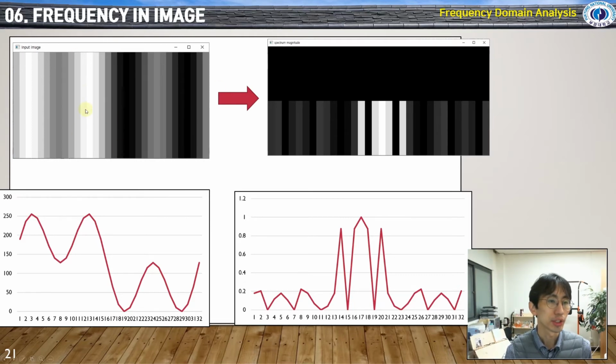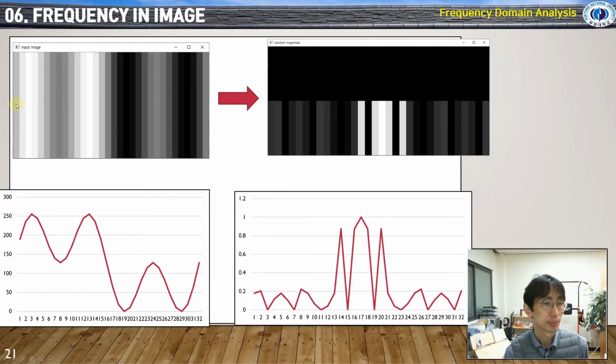The left image is the original image, and when you apply the Fourier transform, it changes into this. Please ignore the upper part. In the original image, you see the gradual changes of the color pixels.